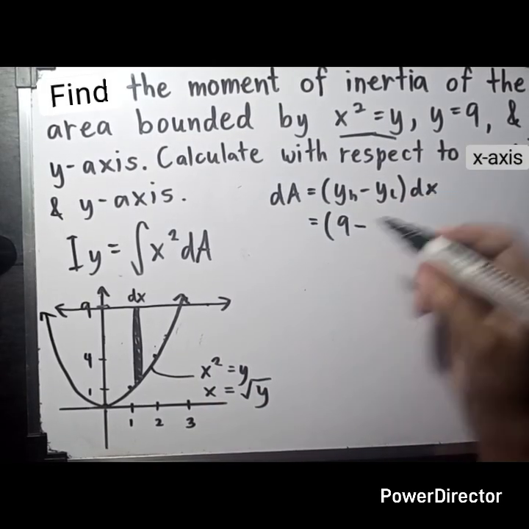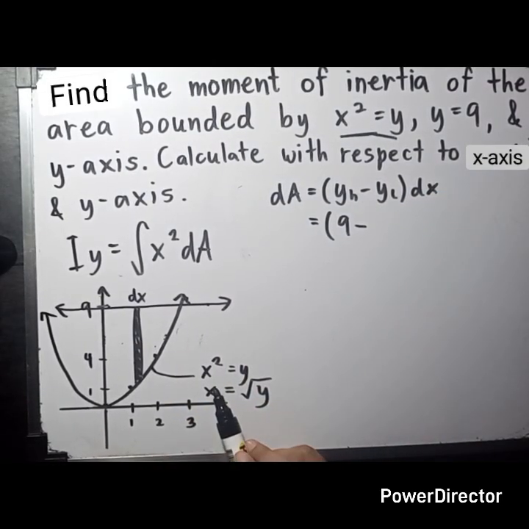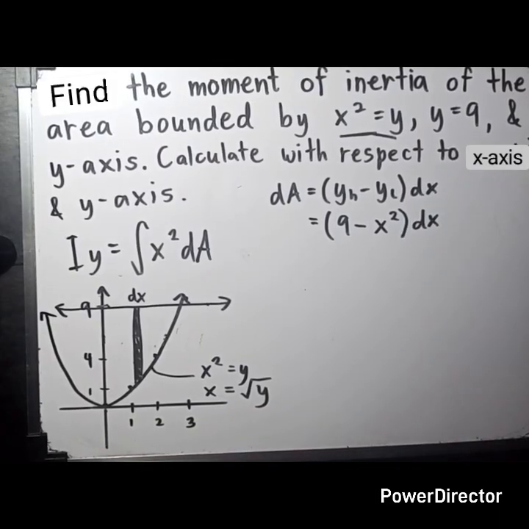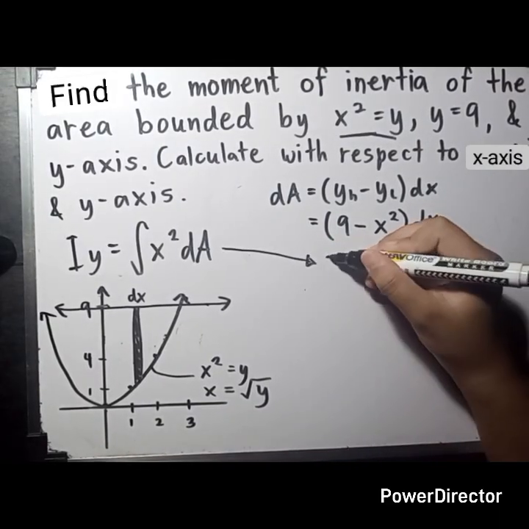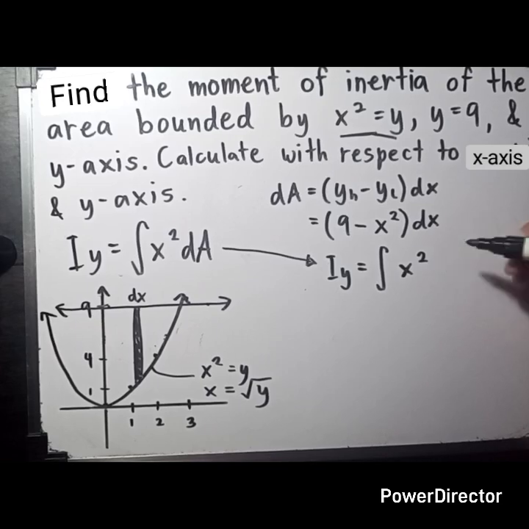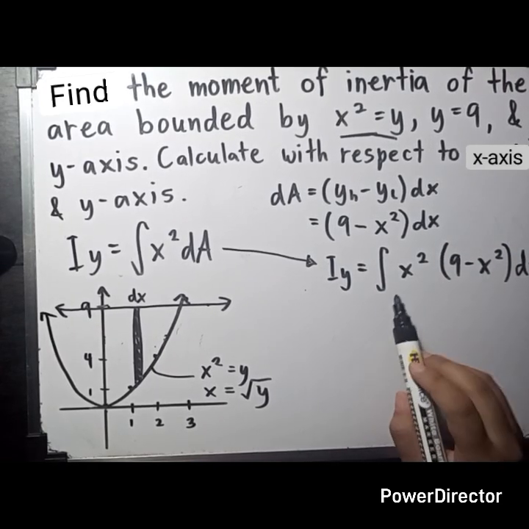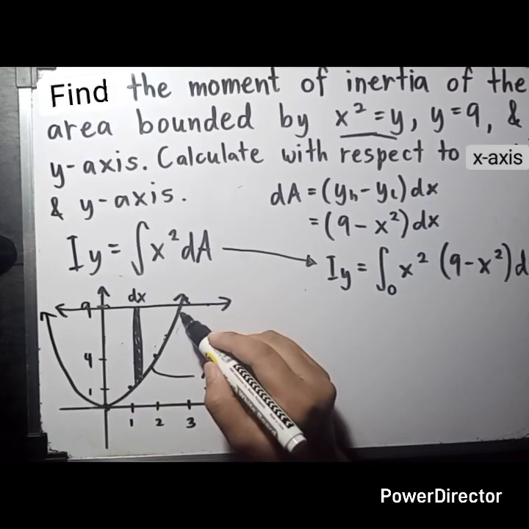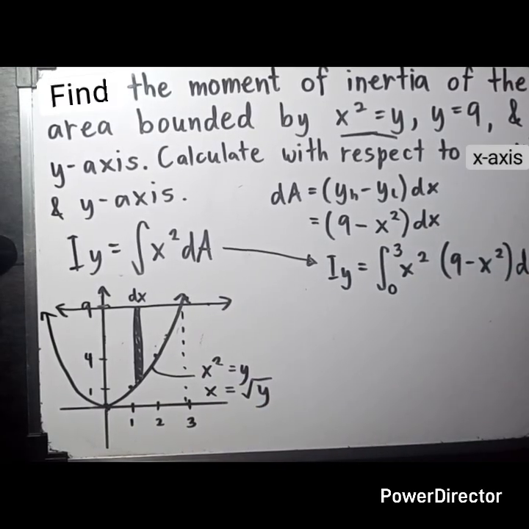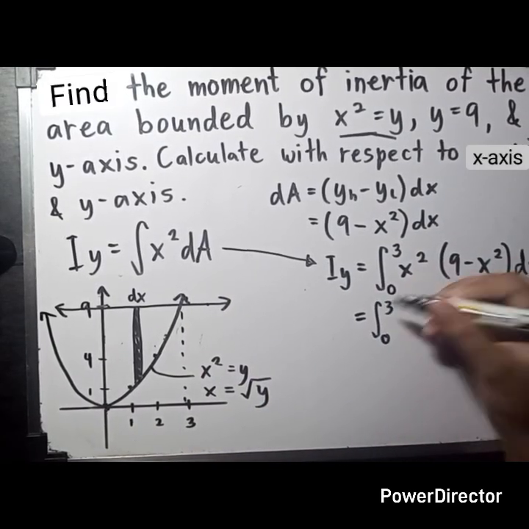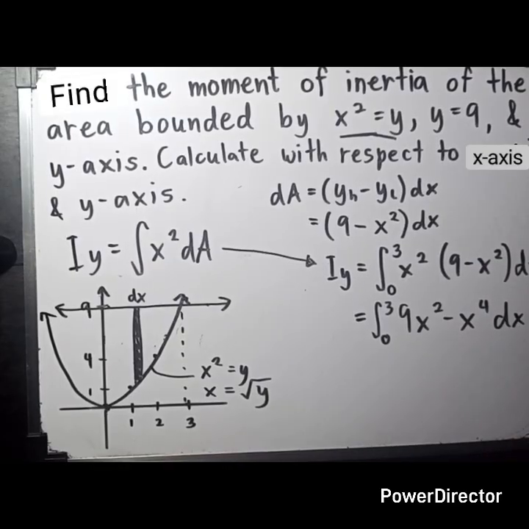Input in terms of x, our higher y is 9 and our lower y is the parabola function, which is x squared. Now, we can input the formula of moment of inertia with respect to the y-axis. Watch out to input limits since dx depends on how far horizontally.